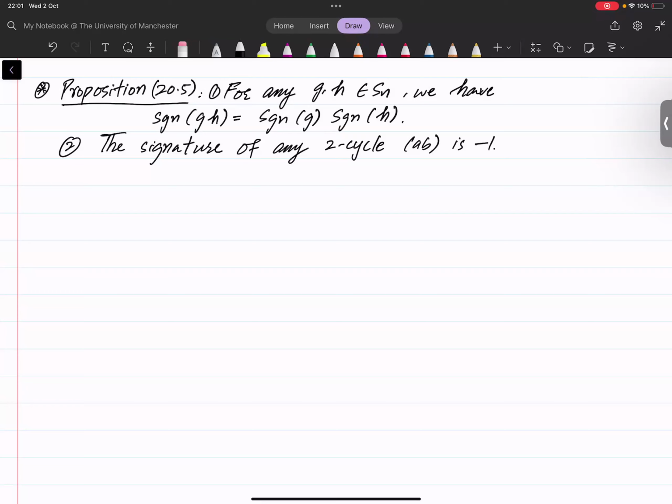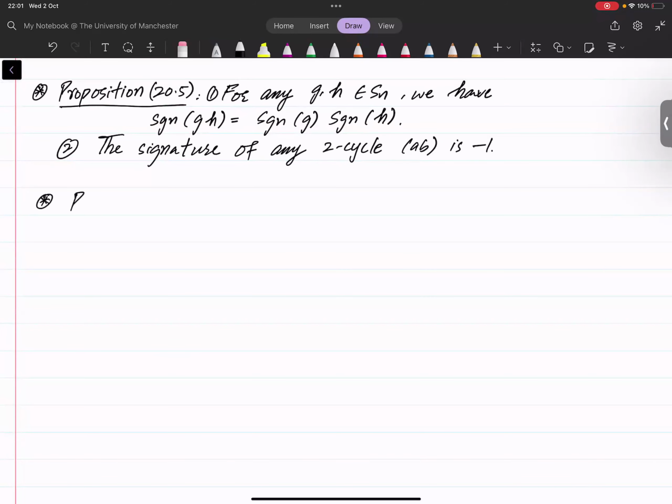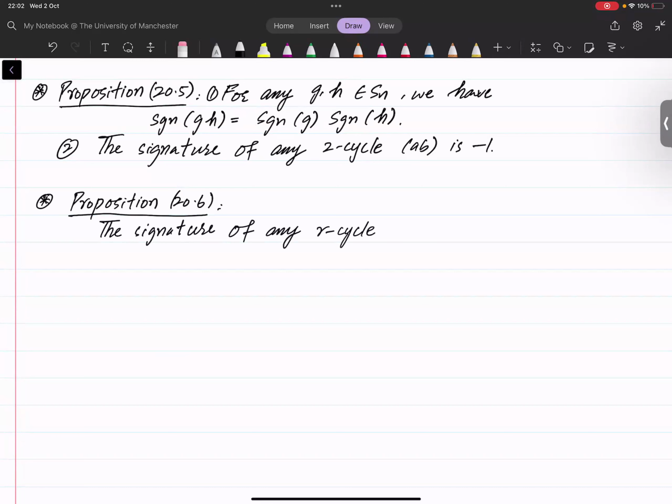So the other result is proposition 20.6: the signature of any r-cycle in the set Sn is equal to (-1) to the power r minus 1.